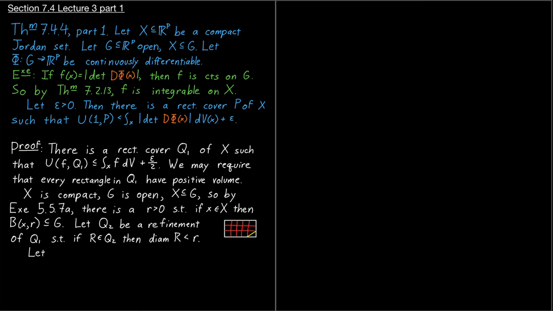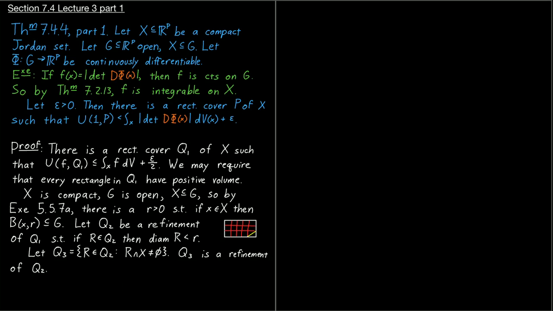And now, just in case, we're going to let Q3 be what remains when we throw away all the rectangles that don't actually intersect X. We're going to throw away all the superfluous rectangles. All right, and notice if you go back to section 7.2 and look carefully at the definition of refinement, you'll see that Q3 is in fact a refinement of Q2.